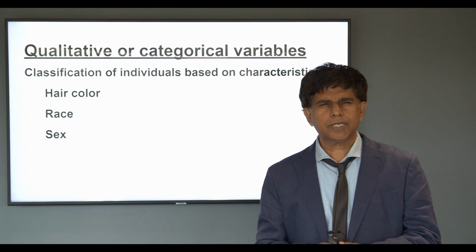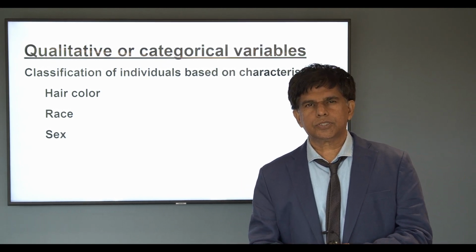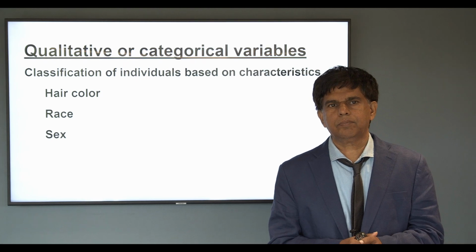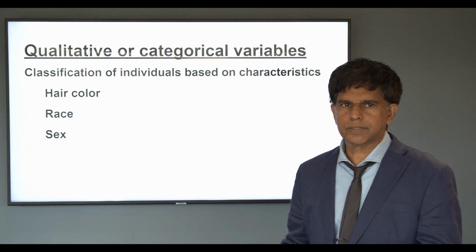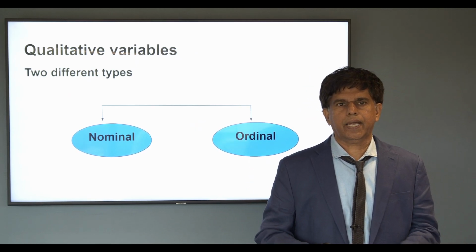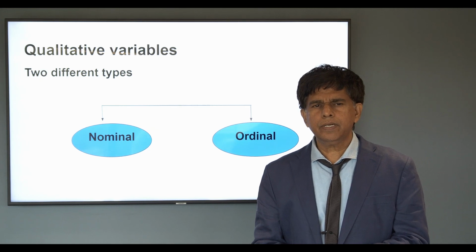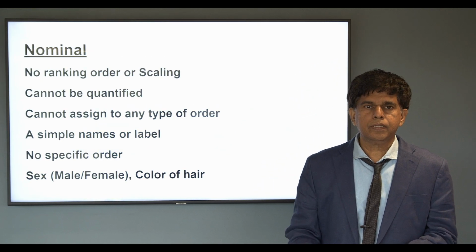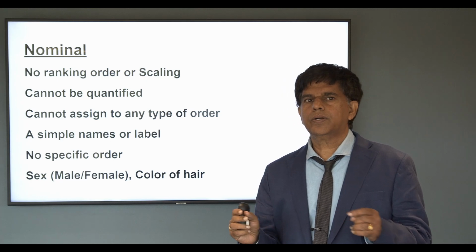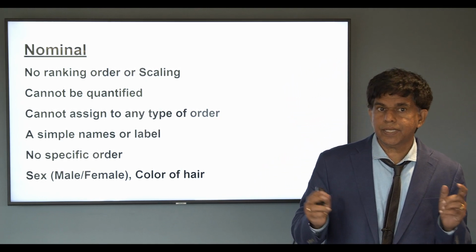Now, qualitative or categorical variables. It's a classification based on the characteristics of it. So quality, remember that. Example, hair color, race, sex. When you look at the qualitative variable, you have two different types. One is nominal and the other one is ordinal. Nominal means no ranking order or scaling, cannot be quantified, cannot be assigned to any type of order.